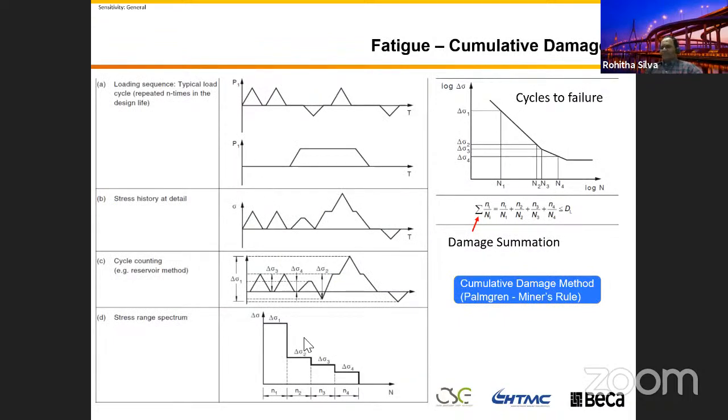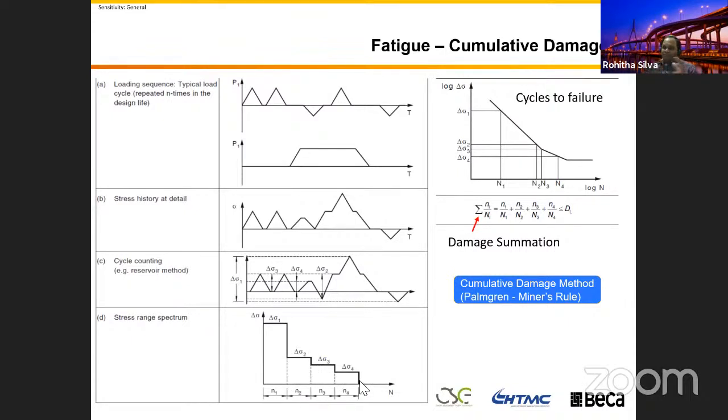What Miner's rule says: if your bridge is subjected to various stress levels over a period of time, and if you get stress reversal, for example, sigma 1 stress reversal happens, the number of stress cycles is N1. The sigma 2 stress reversal, the number of stress cycles is N2, and so on.